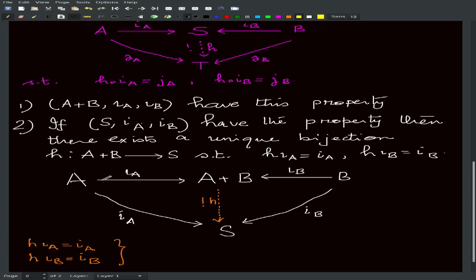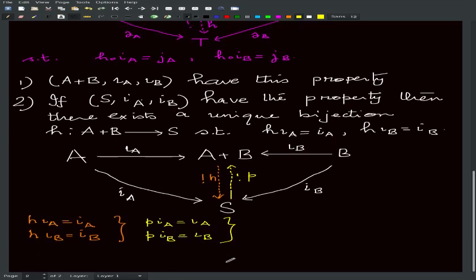And you have these two maps, iota A and iota B. So by the property that S possesses, you are going to have a unique map P such that P IA is iota A and P IB is iota B.